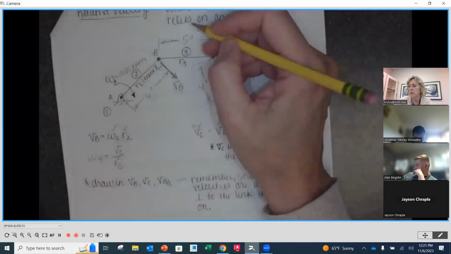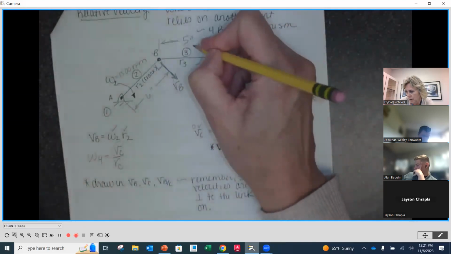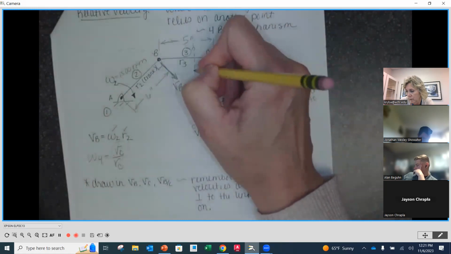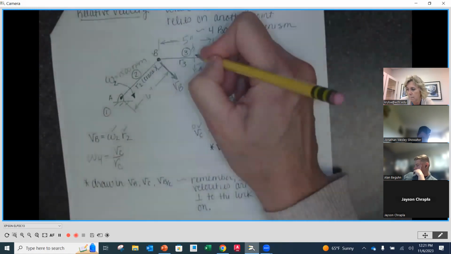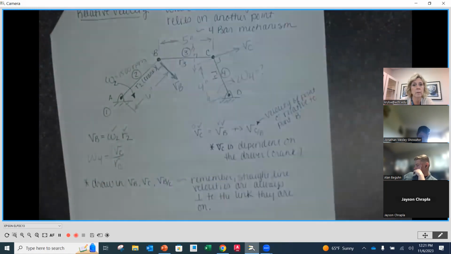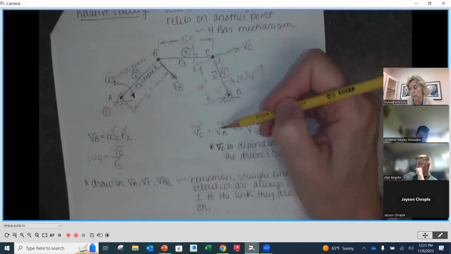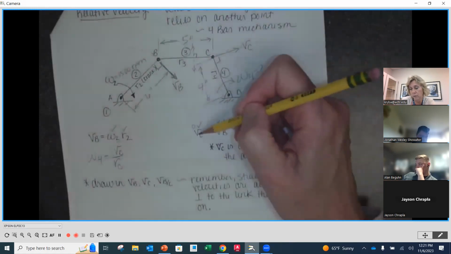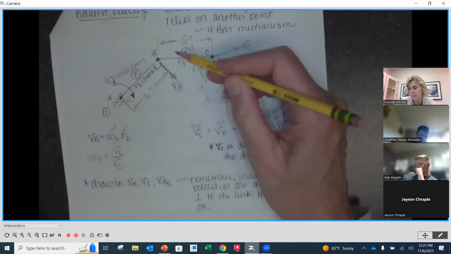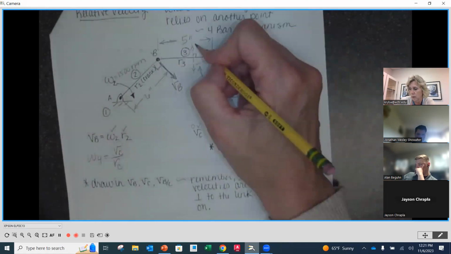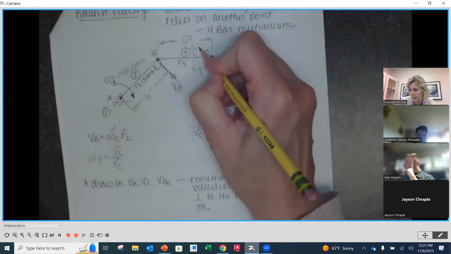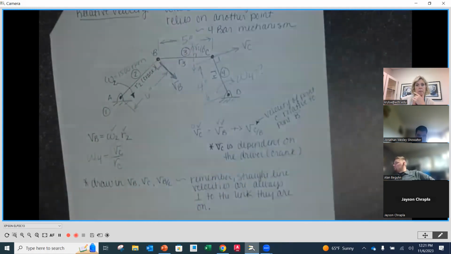Now, what we are going to do is, and I always draw this as a dotted line because I really don't know which direction this is going to go in, but it's perpendicular to the link or the line connecting the 2 points that we're interested in, or that we know about. So we know B and we're trying to find C. This is the line or the link that connects those two. So this is going to be the velocity of C relative to B. Okay, only know direction.